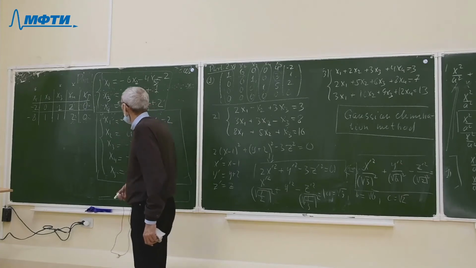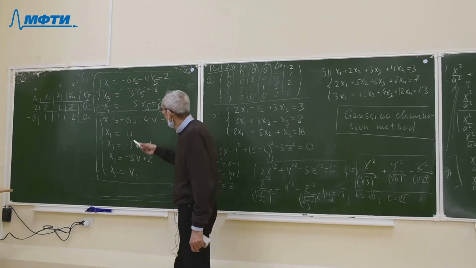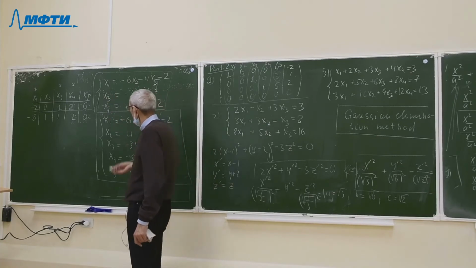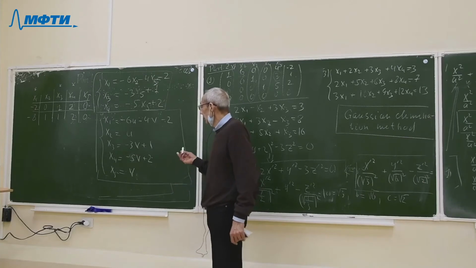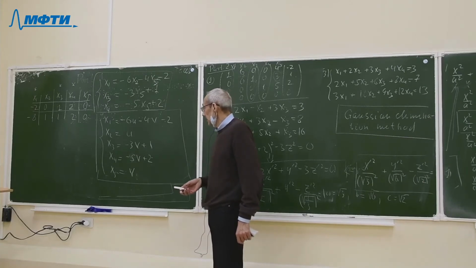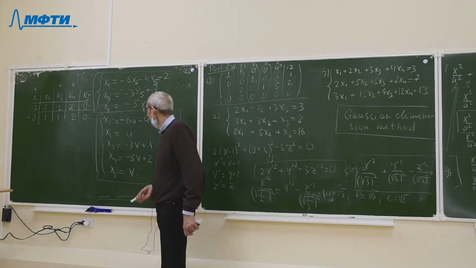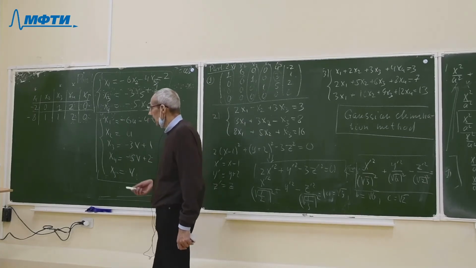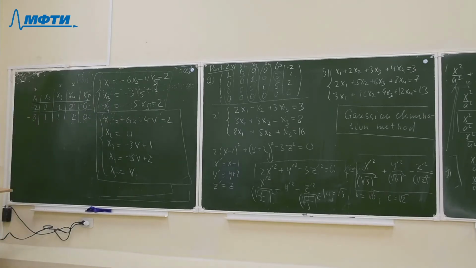The first form, when we express dependent variables in terms of independent ones, and the second form, the so-called parametric form, when we use some parameters for expression of our variables. In this second case, we can use a geometrical interpretation of our solution.